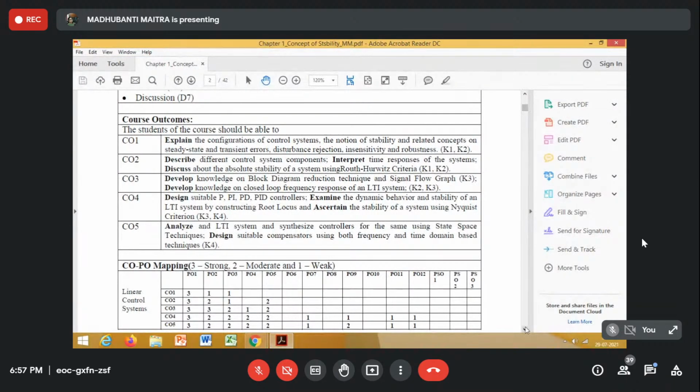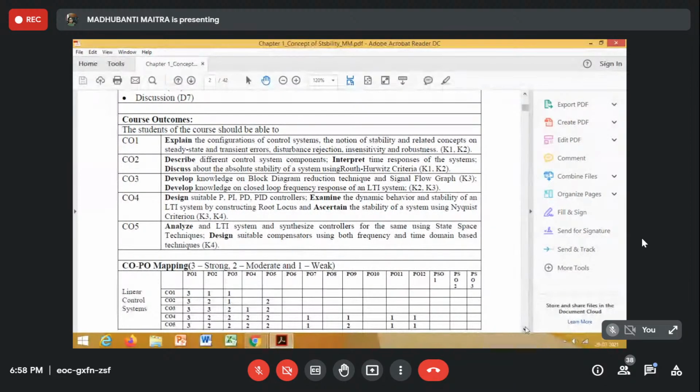Now, CO4, the fourth CO, is the student should be able to design suitable P, PI, PD, PID controllers. That means proportional, proportional integral, proportional derivative, and proportional integral derivative controllers. And should be able to examine the dynamic behavior and stability of an LTI system by constructing root locus and ascertain the stability of a system using Nyquist criterion.